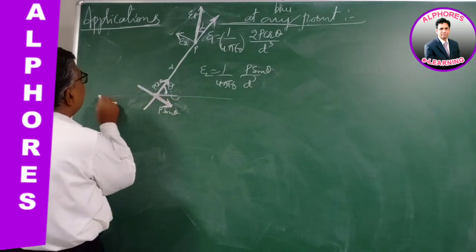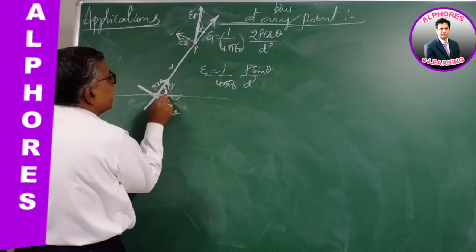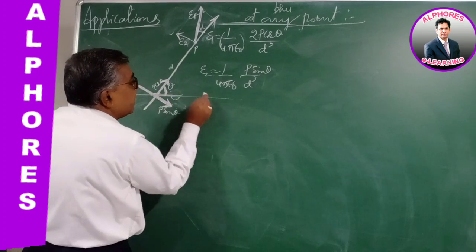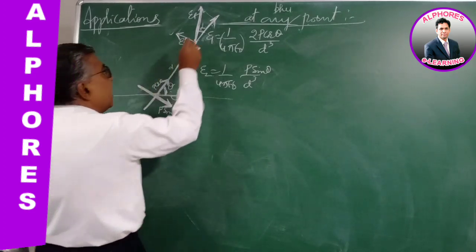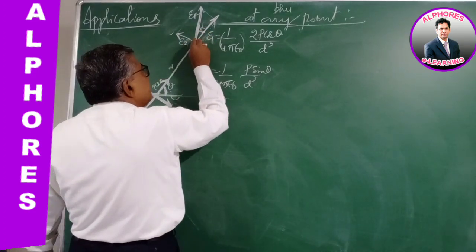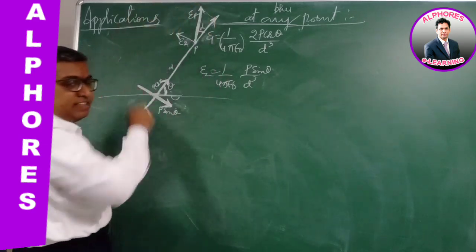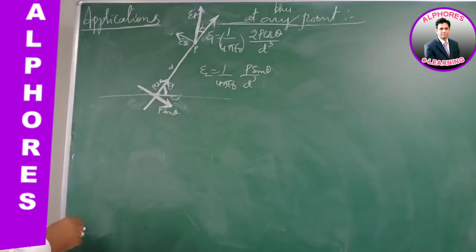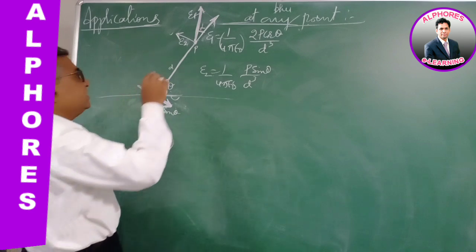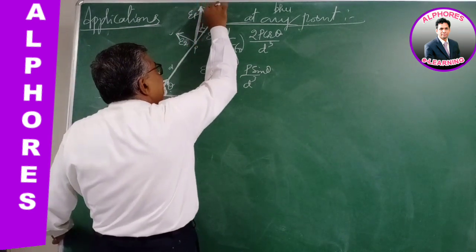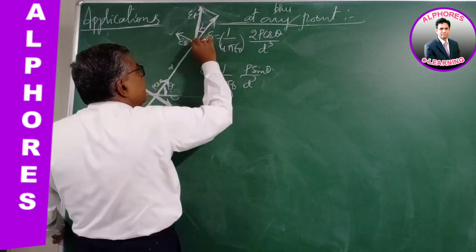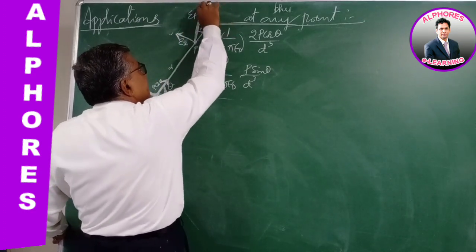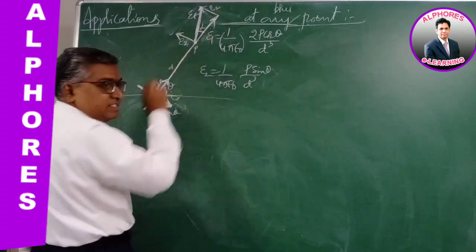So our point of consideration was making an angle theta with the axial line of the original dipole, and let the resultant electric field intensity make an angle alpha with the P1 component. Then considering this right angle triangle, let me take this parallel to it here. So this is E2 and this is E1.